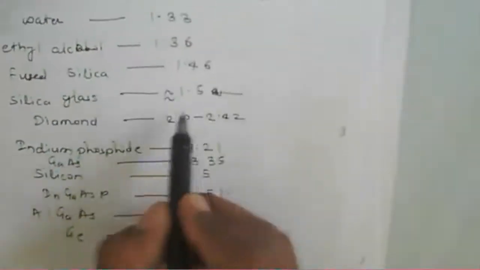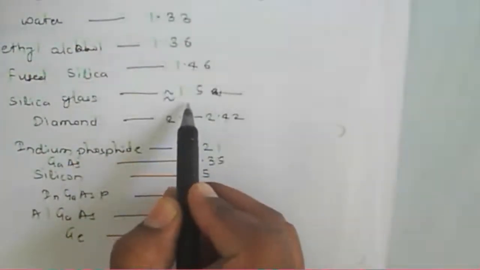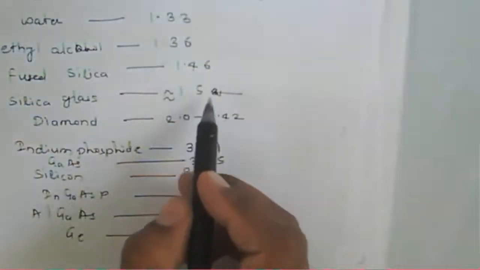In between, the medium is air, meaning light rays propagate from the air to the silica glass fiber. Air has a refractive index of 1 and the silica glass fiber has a refractive index of 1.5. So there is a difference in the refractive index.